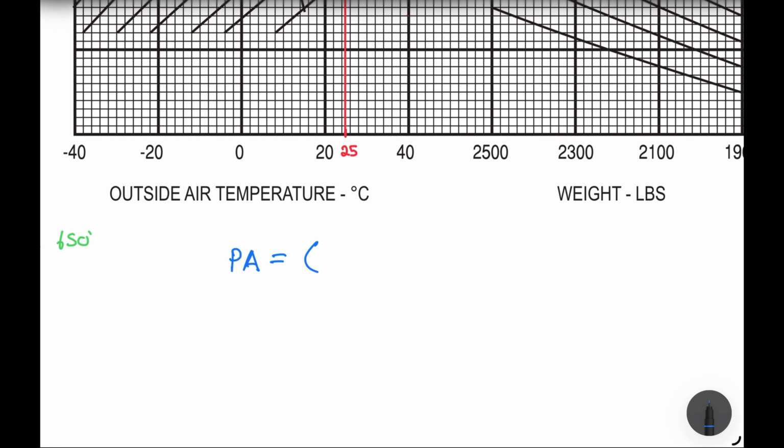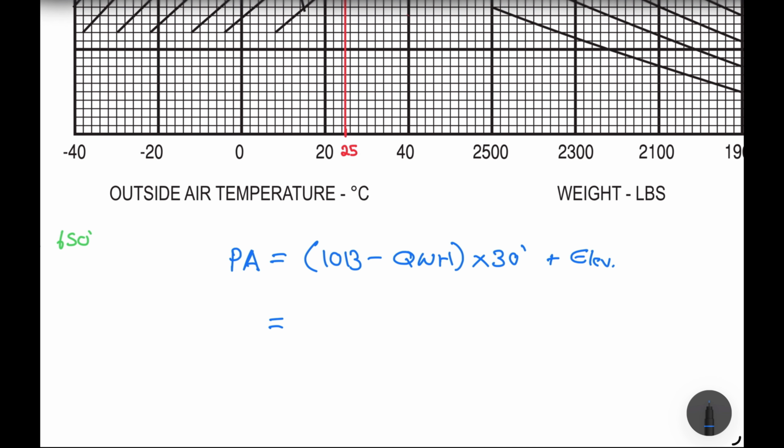Pressure altitude equals 1013 minus whatever the QNH is, times 30 foot, because we know 1 hectopascal equates to about 30 foot in altitude, and then you just plus the elevation. So if you follow that exactly, you go 1013 minus 1018 times 30 foot plus 650 foot. 1013 minus 1018 is negative 5, and it's very important to remember the sign is negative.